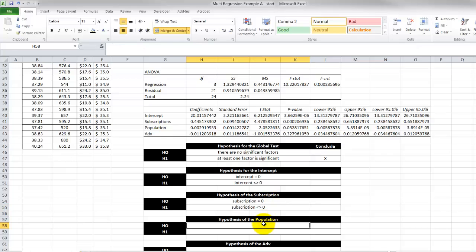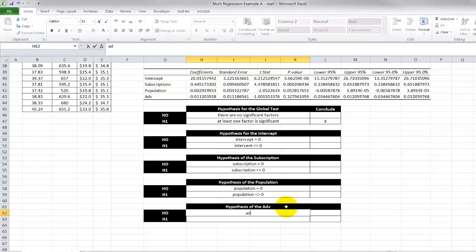Same here, population is equal to 0, meaning the coefficient. Population coefficient is not 0. And finally, the advertising coefficient is equal to 0 or not.